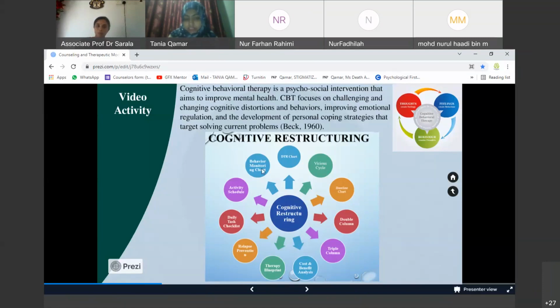So here is the behavior monitoring chart. It is the same as the baseline chart. We use the baseline chart for one event, but we use the behavior monitoring chart for multiple events. Then we give the activity schedule, as mentioned in the first video about CBT, and also the daily task checklist.